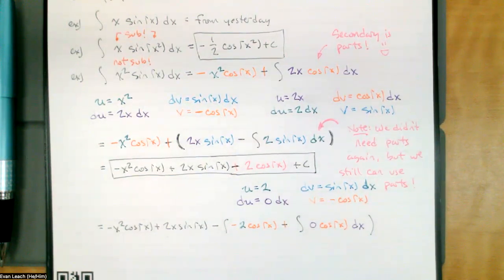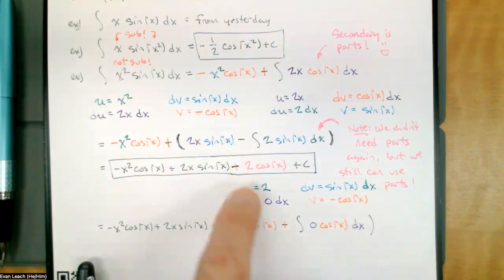So we do not bother calculating the integral of 0 cosine x. That's where our plus c is going to be. That's just going to be some constant. Also, we can see the two negatives cancel out to make the positive.